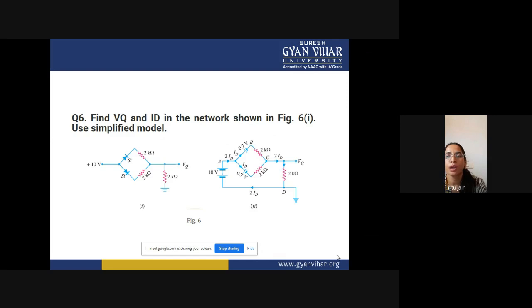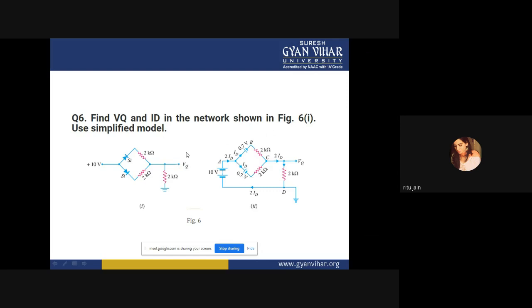Find VQ and ID in the network shown in figure 6.1. Use simplified model.